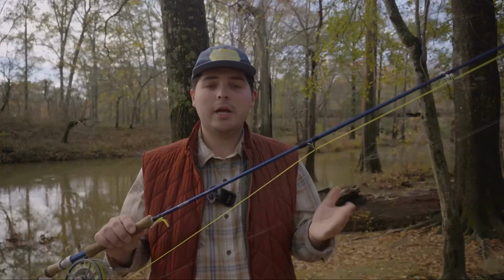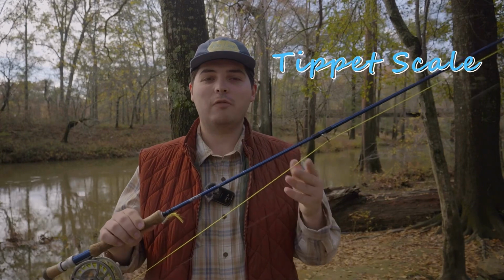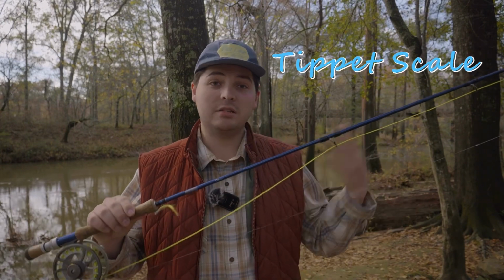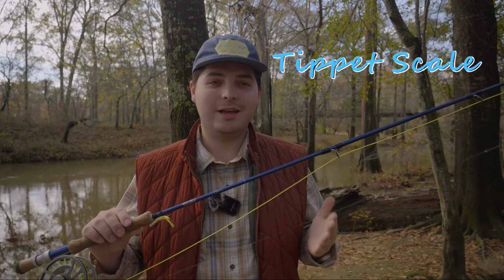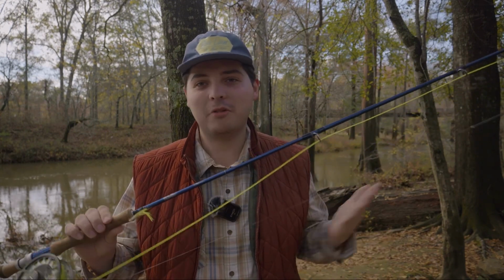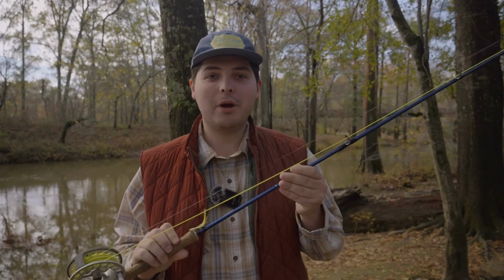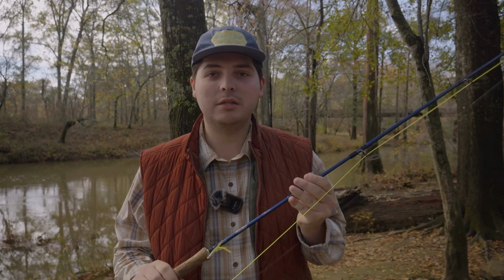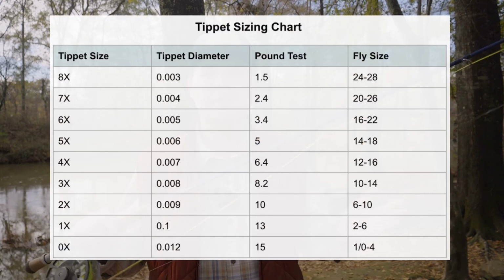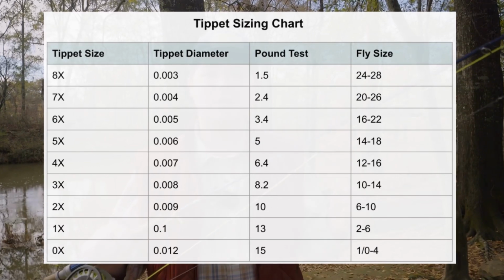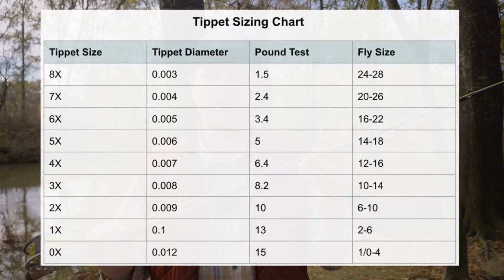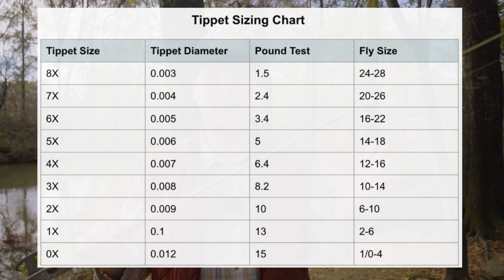So now going into the tippet scale, you go from 0x all the way up to 8x. Some people even do 12x, but I would recommend to never use 12x. There's no point really, unless you're just wanting to break a personal record for yourself. I don't know. But the tippet scale goes from 0x to 8x in most situations. 0x is usually about 15 to 16 pounds, going all the way up to 8x, which should be only about 1.5, 1.25 pounds.